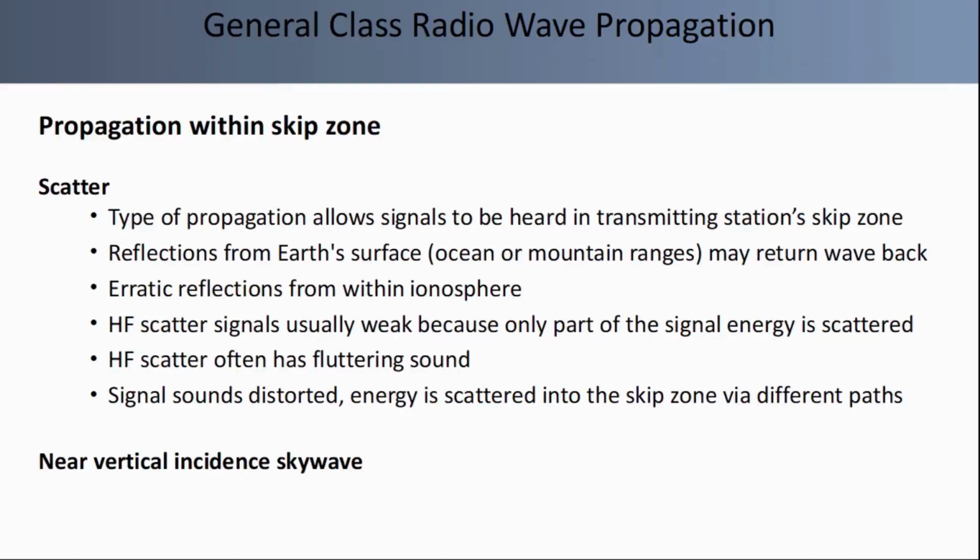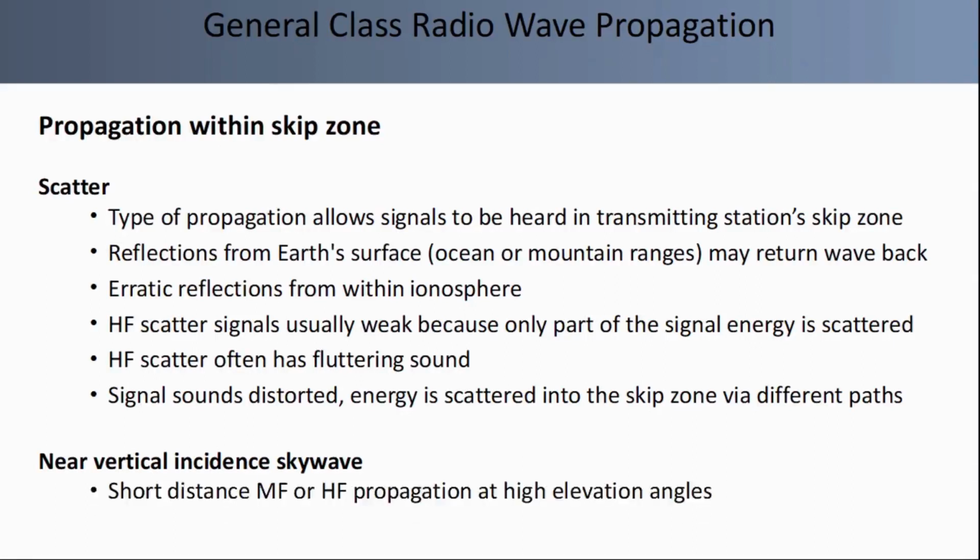Another topic that they briefly touch on, and there's only one question in the pool, is near vertical incidence skywave propagation. What the heck is NVIS? Well, it's defined in the question pool as short distance, medium frequency or high frequency propagation at high elevation angles.